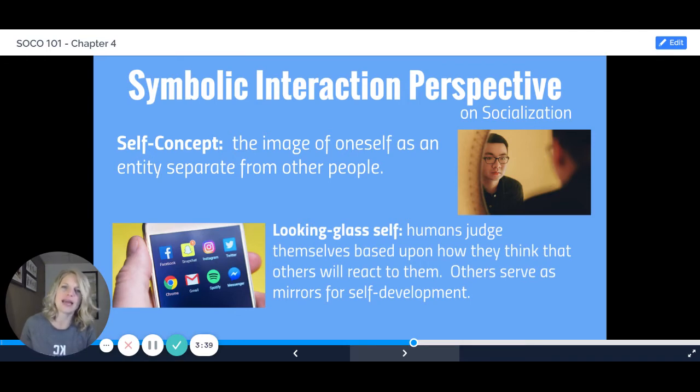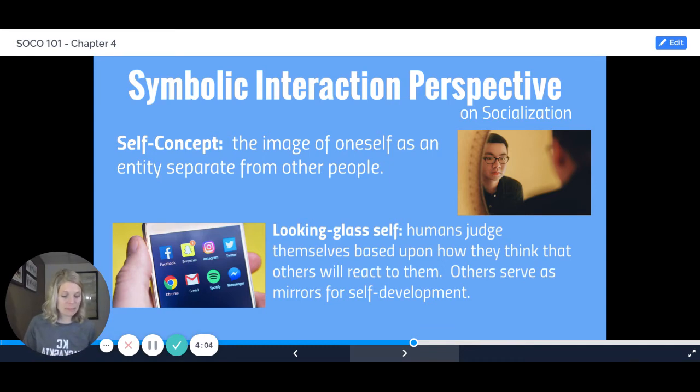They're basing it upon how others are going to react to them. So they're creating this looking glass self through their interactions. So think about how this whole process shapes the individual that we're putting out there for others. Is it our real self, or is it something that we're making, something that we're creating?